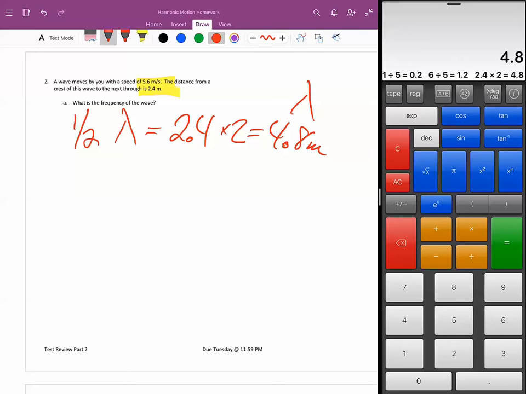Now the question is asking for frequency. Going back to the equation, speed equals frequency times lambda. Your lambda being 4.8, speed 5.6 equals frequency times 4.8.